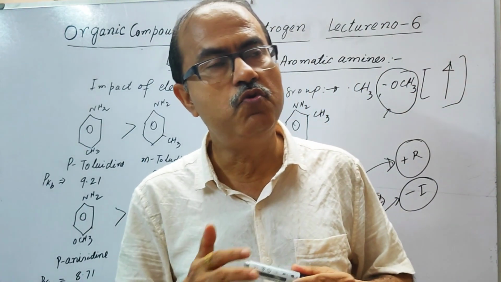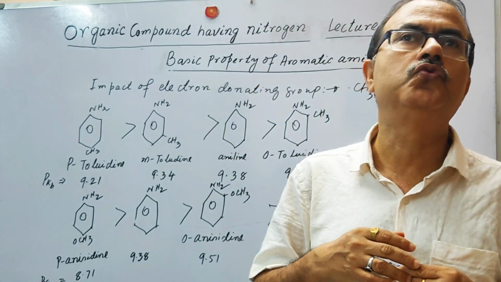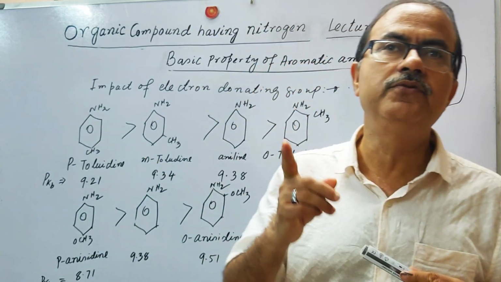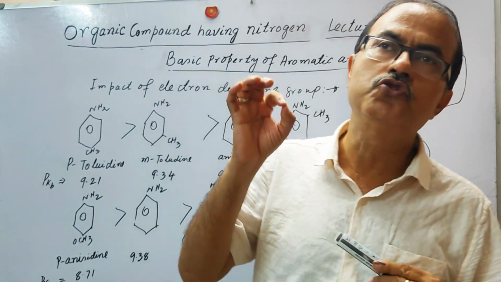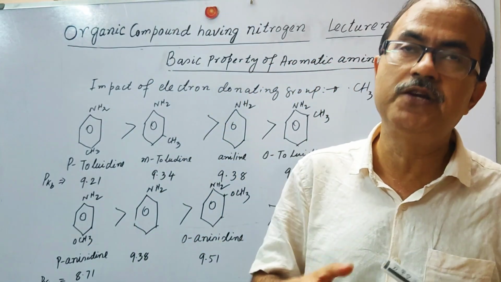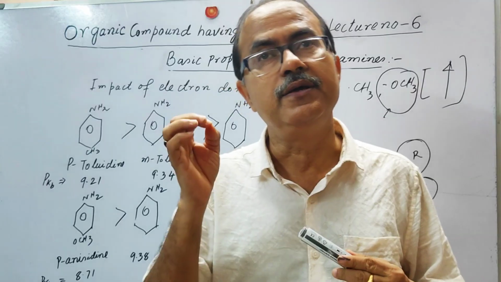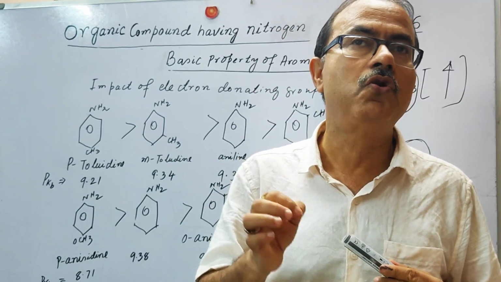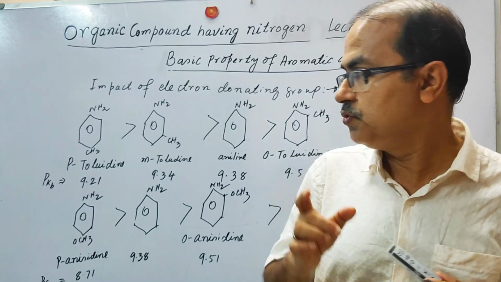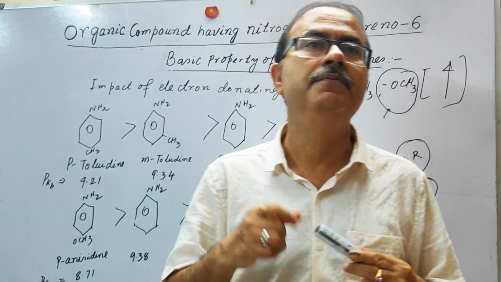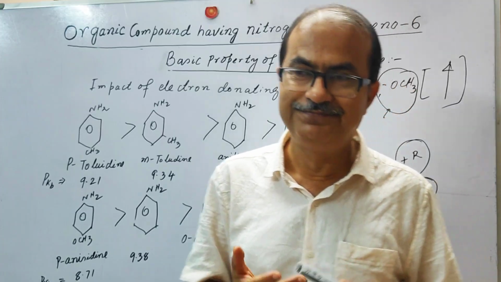Impact is much more as compared to the ortho or meta position. And at the ortho position you will find whether we are incorporating electron withdrawing group or electron donating group, that does not matter. Irrespective of that, it is going to give the lesser basic strength. So this is called the ortho effect. So we understand the impact of the electron withdrawing groups and impact of the electron donating groups.